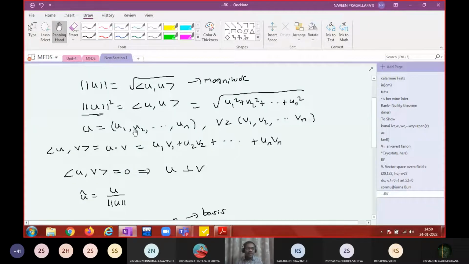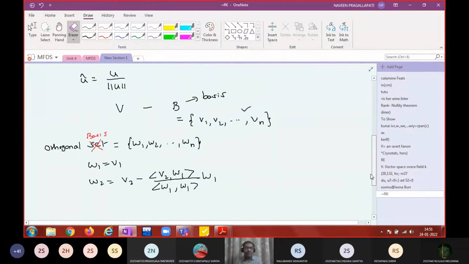Because u dot u is u1 into u1 plus u2 into u2 plus and so on un into un. That means u1 square plus u2 square plus and so on un square. The square and the square root get cancelled, so simply you will get u1 square plus u2 square plus and so on un square, the sum of squares of the components.